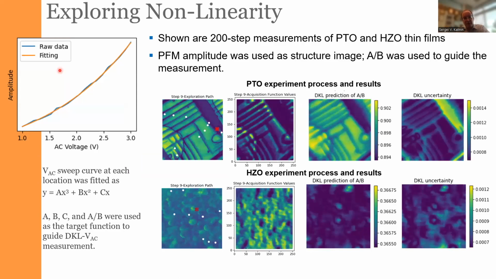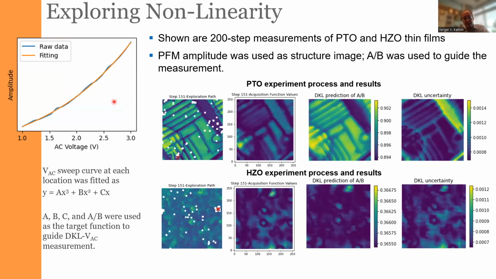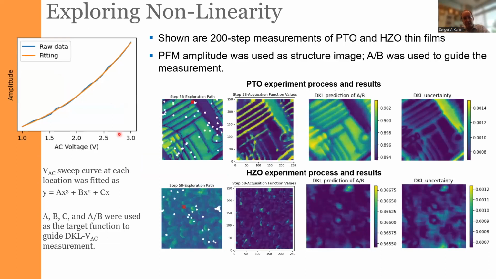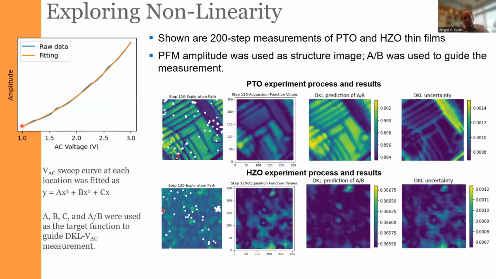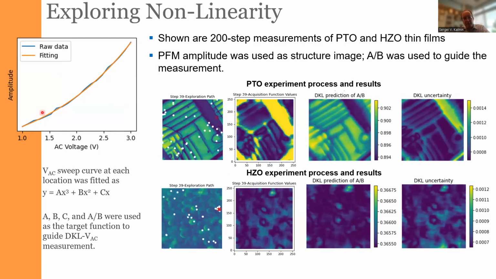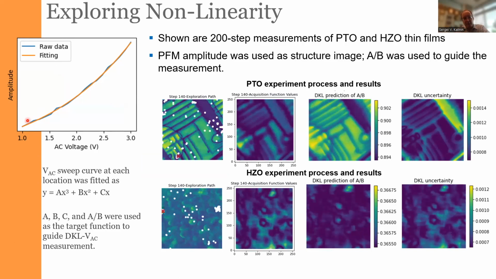So let me show you another example when we run a slightly different experiment. We measure our signal as a function of the magnitude of the AC voltage. For a linear material, this would be a straight line. For a real material, this would be a curved line. This curvature appears because of some domain dynamics, so how the domain walls in the material respond to the electric field.